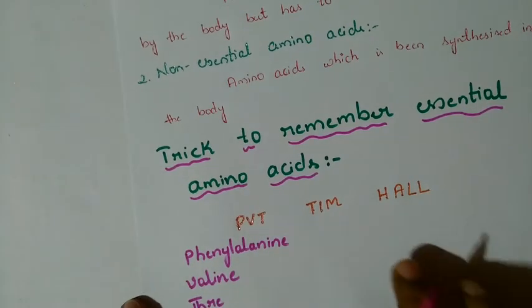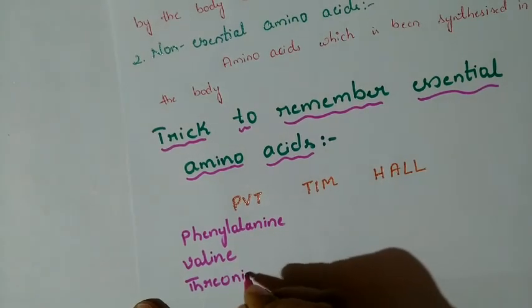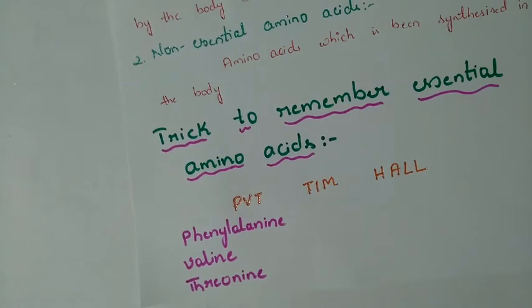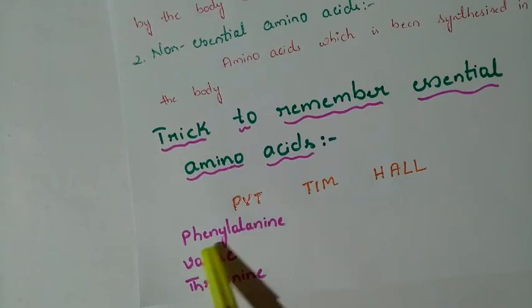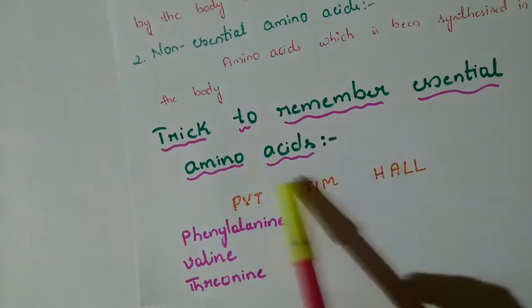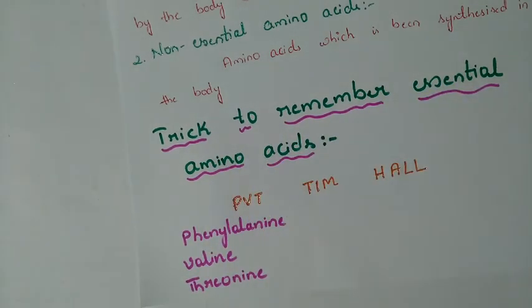Next, T stands for threonine. So PVT stands for phenylalanine, valine and threonine. All of these that I have written are essential amino acids.